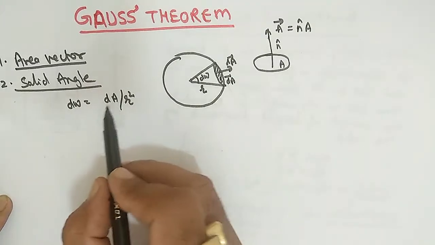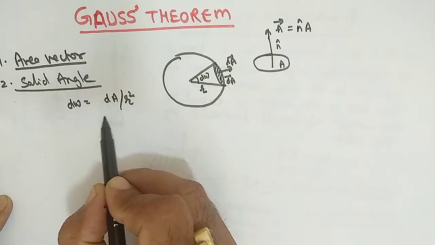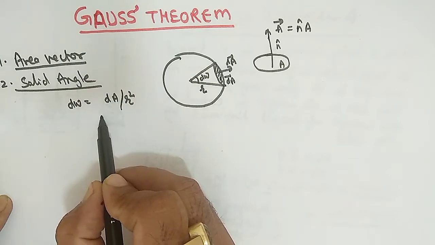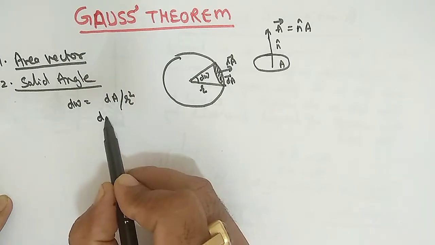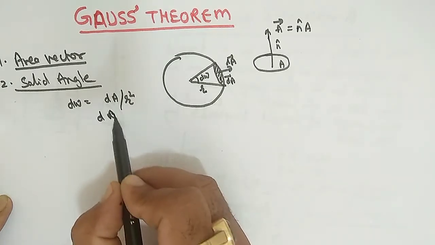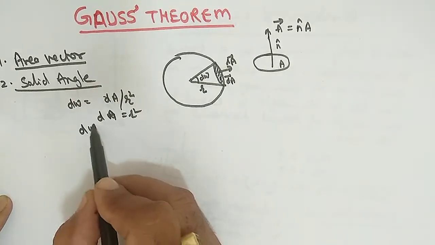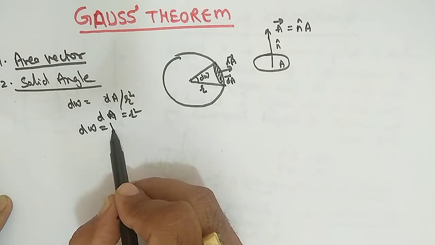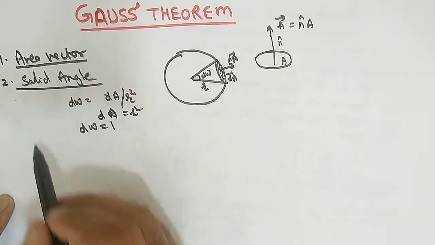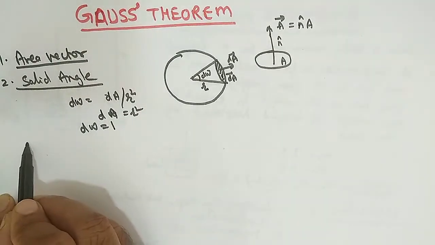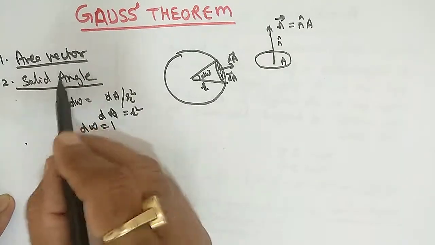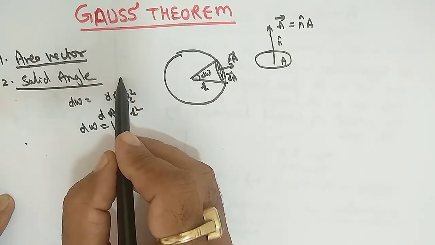Or to define it in a better way, if dA is equal to r square, suppose both are equal, then we can say that d omega is equal to 1. The unit of the solid angle is the steradian.